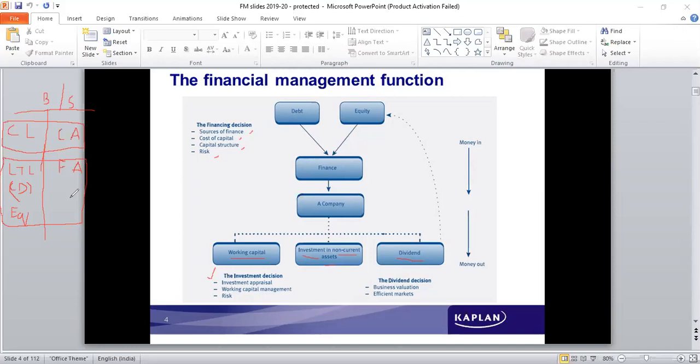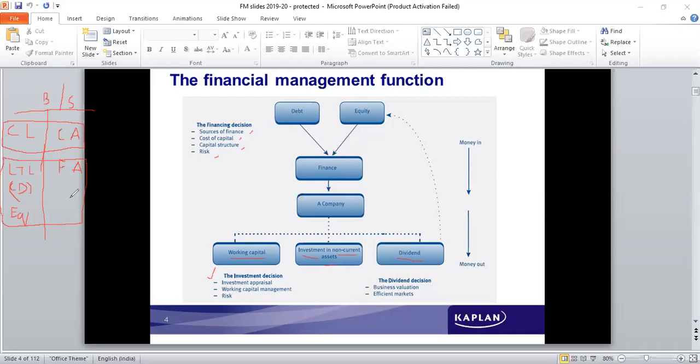Whatever payments have to be made, once these assets are converted into cash, this cash is used to clear off the short-term liabilities. So current assets are used to clear off the current liabilities and also to meet the day-to-day expenses. The return part of it is low, but current assets enable something.